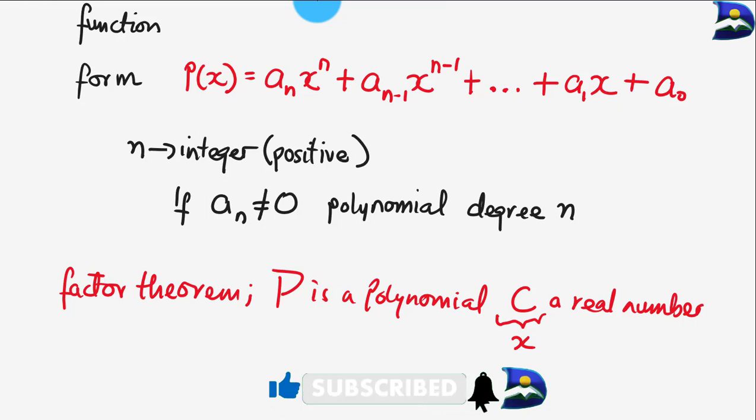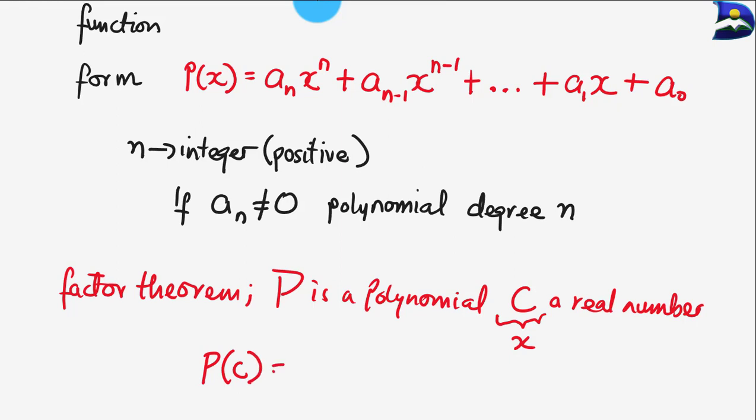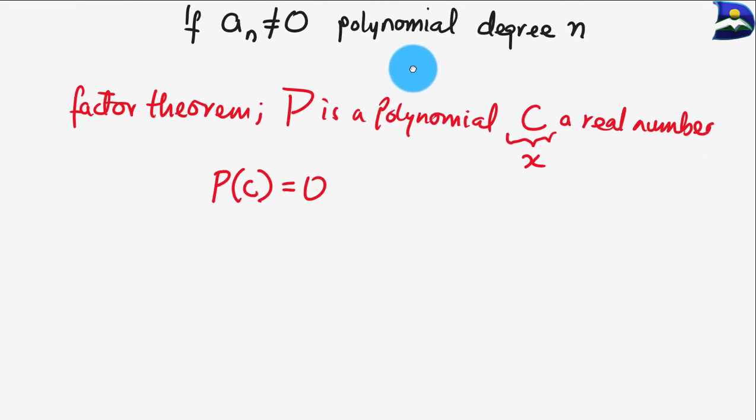Then we can say that where p at c is equal to 0, as we see in terms of a polynomial at a specific point, therefore this means that take note that y is equal to 0. So that means our c is considered to be the specific point where our curve is touching the x-axis.